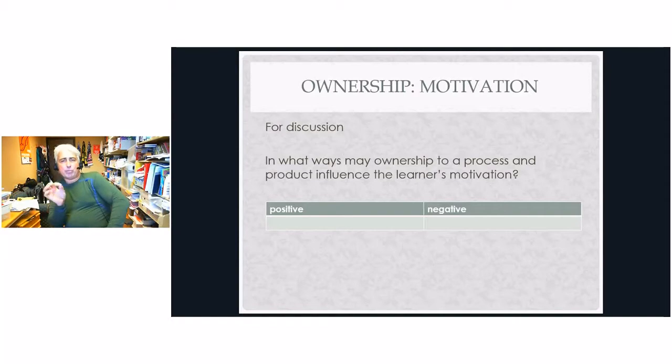Now, ownership to a process and a product are 2 different starting points. In the ownership to a process, it is the pupil himself or herself who decides in what manner I'm going to reach a given goal, a given product. One very good suggestion that was brought forth by one of you guys yesterday is the English box.